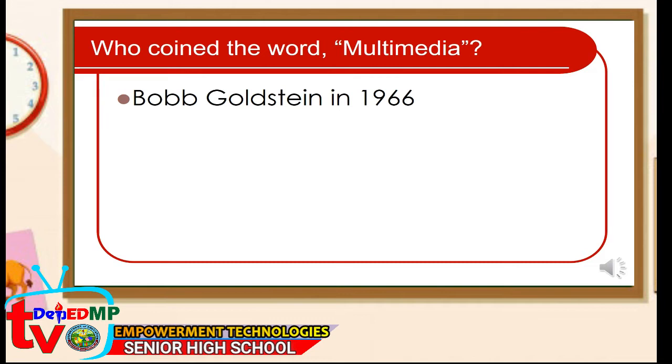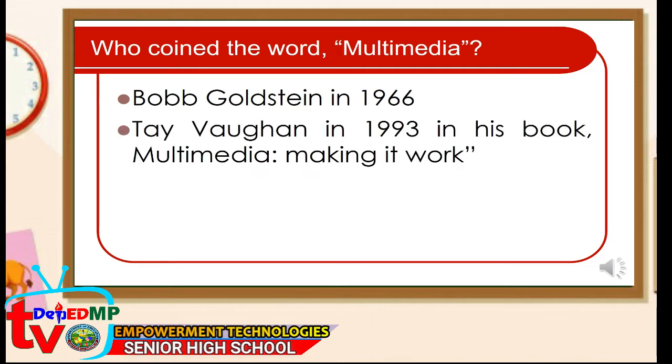He came up with this term to describe the technical nature of his entertainment. However, there is no coherent meaning of it during those times, until came 1933, where Ty Vaughan declared the definition in his book entitled Multimedia: Making It Work.